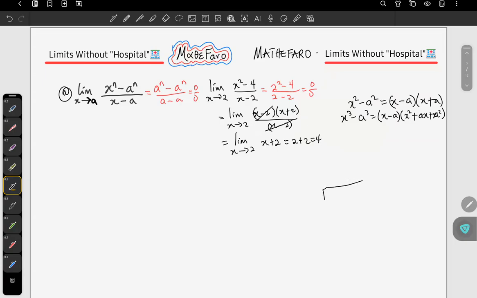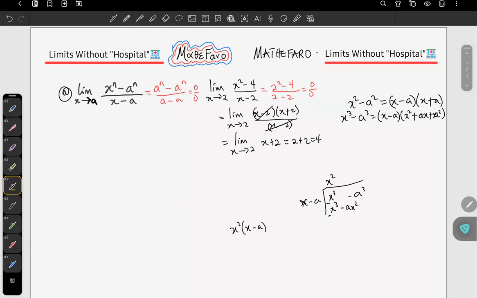So if we divide x cubed minus a cubed by x minus a, what is going to be our quotient? x goes into x cubed x squared times. And when we multiply x squared by x minus a, we get x cubed minus ax squared.